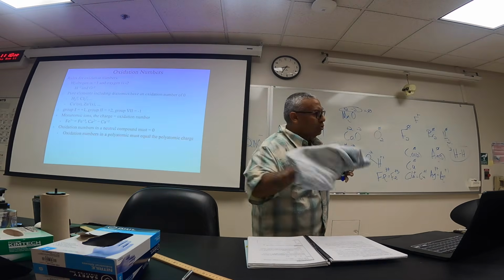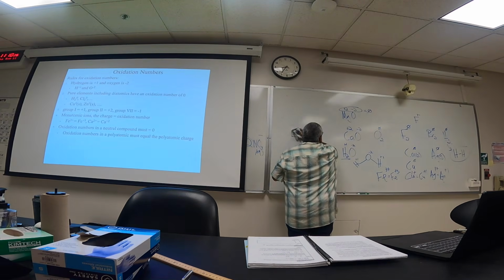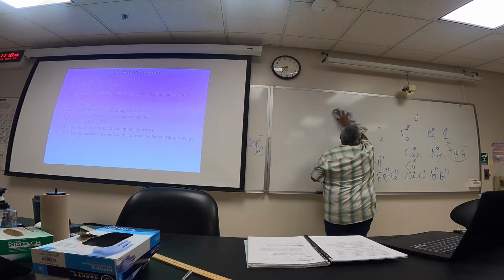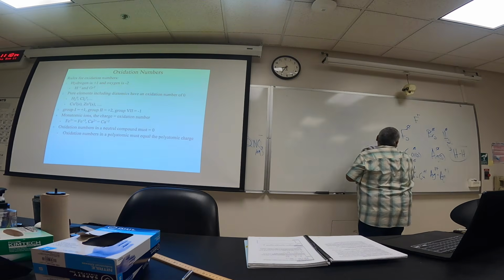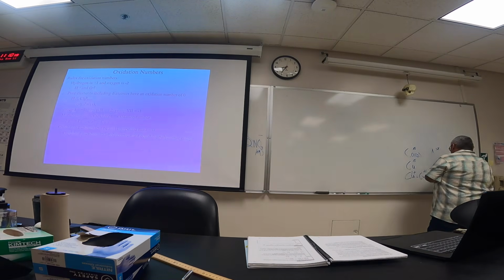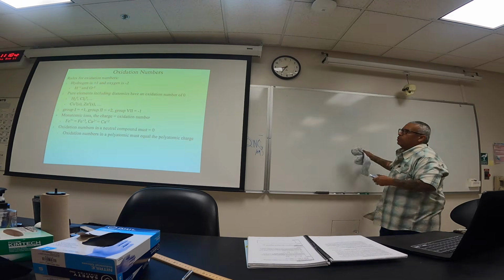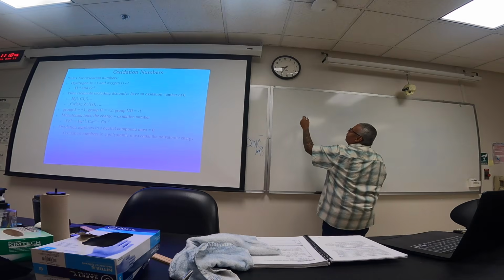So now let's do some more. Let's work with nitrogen and different forms of nitrogen. We're going to use these rules in order to determine what that is. I have a really long lecture today. I apologize for that, but we got to get through this.